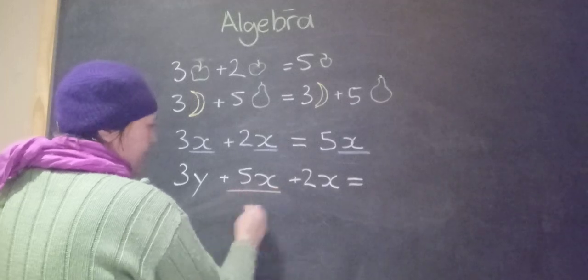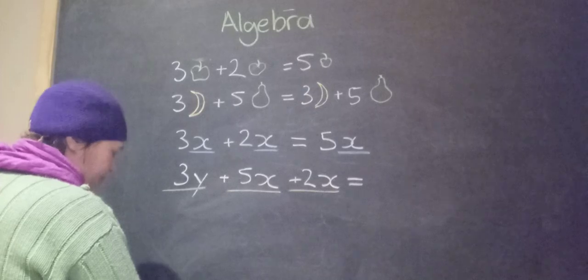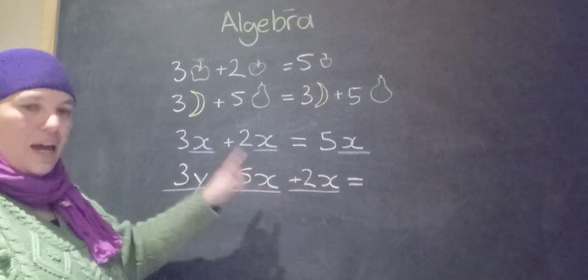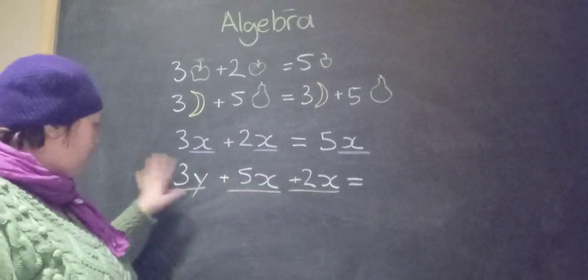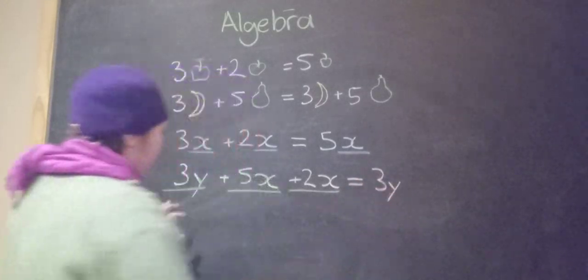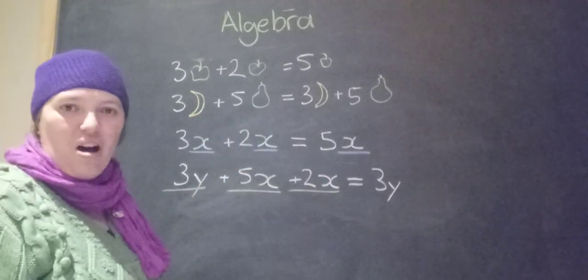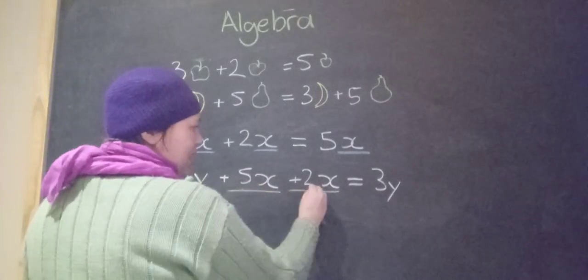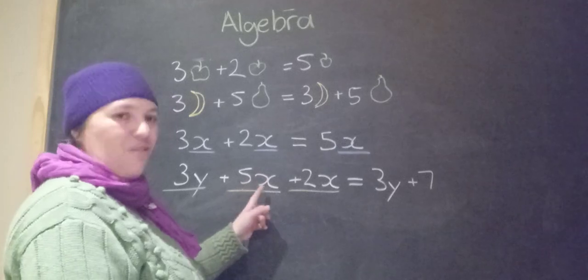Those things are the same, but this thing is completely different. So I can't put different stuff together. It must be the same. So this one doesn't have anything else of the same. So we keep it as it is, and then these two, we can just put them together in the same box because it's the same stuff. So this is 5 plus 2 is 7. 7 what? 7 of this stuff.